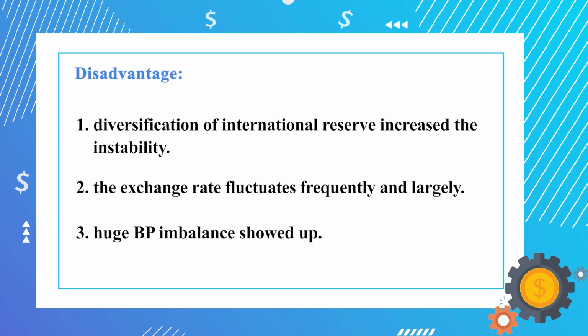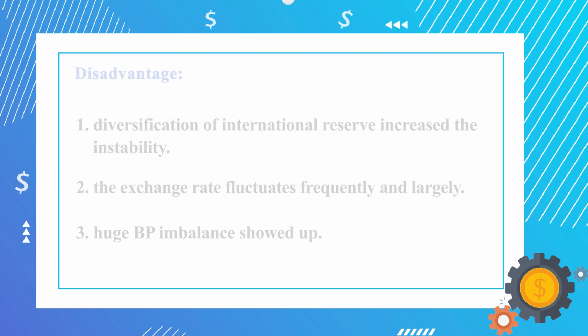The third, huge BP imbalance showed up. There are no adjustment mechanisms to push countries in surplus to decrease their surplus, and countries in deficit to decrease their deficits. So, the huge imbalance can exist for a long period.